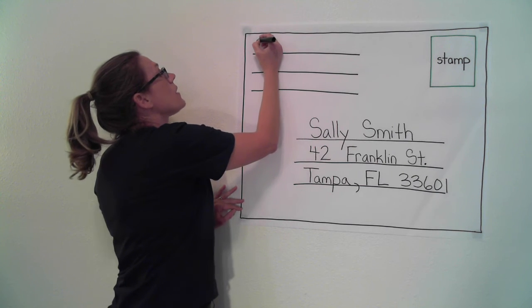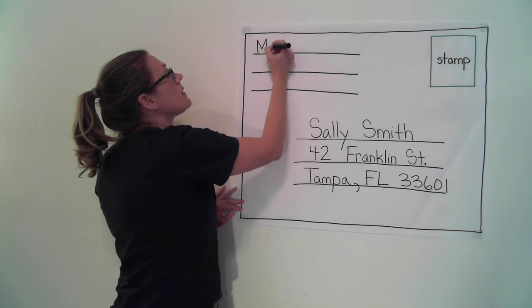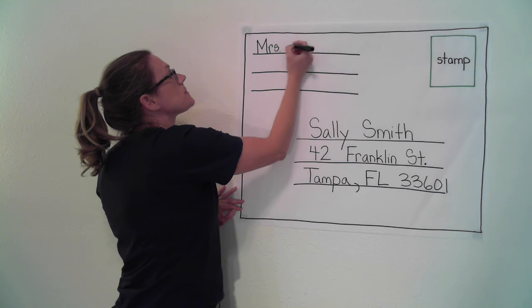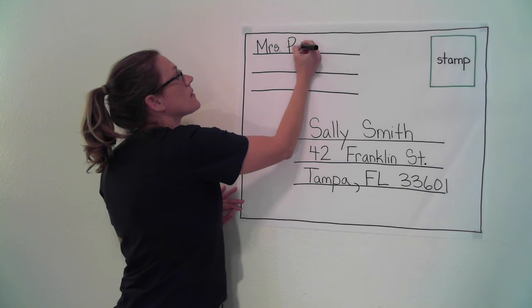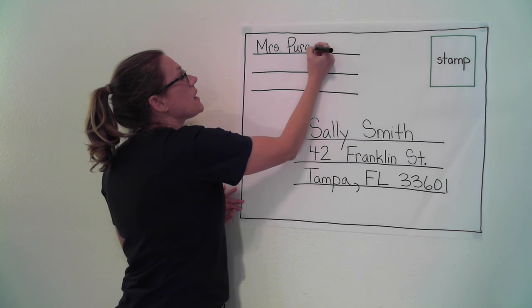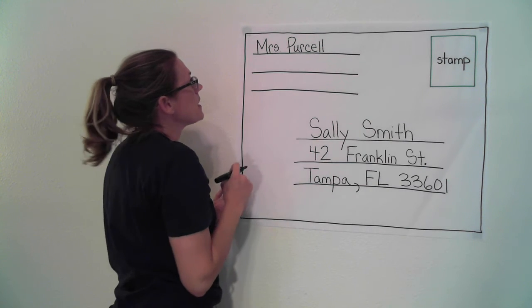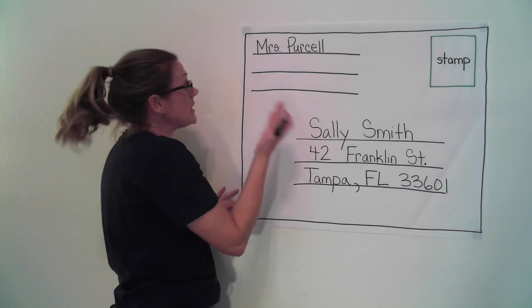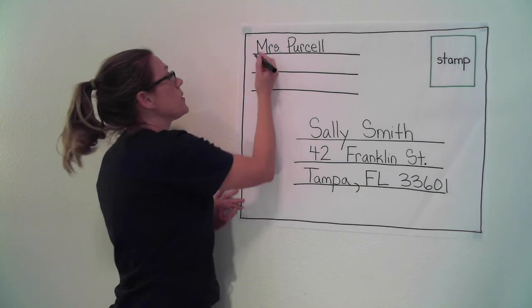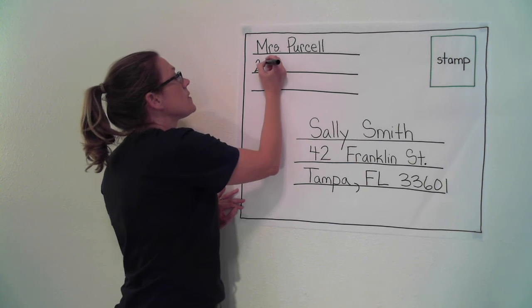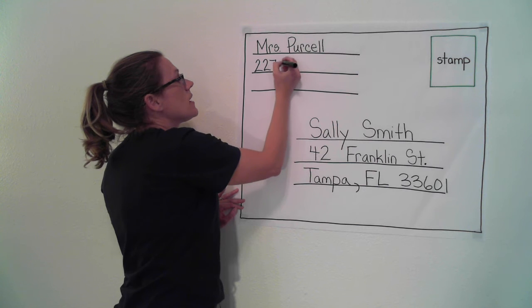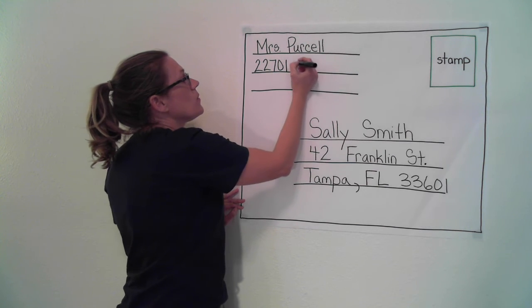All right. So now I need to include my address just in case something goes wrong. So I can write Mrs. Purcell, and that's okay for me to write Mrs. Purcell and not Vika Purcell. That is okay. And then I need to have my house number, 22701.